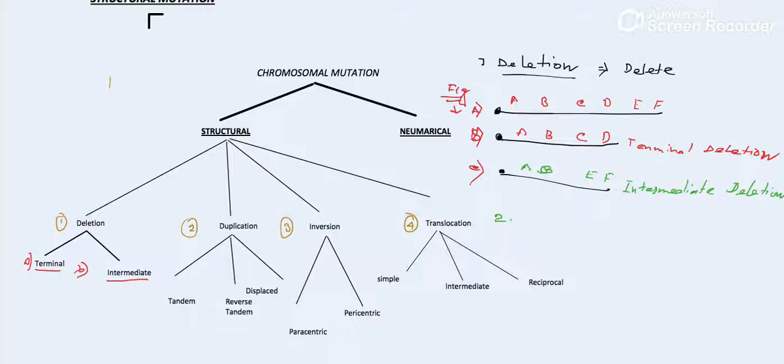Secondly, in this structural division, the second part is duplication. What is duplication? If we don't know the term duplication or duplicate, we can easily say it is the copy part.